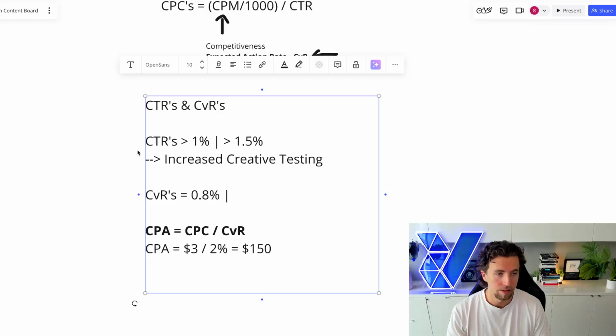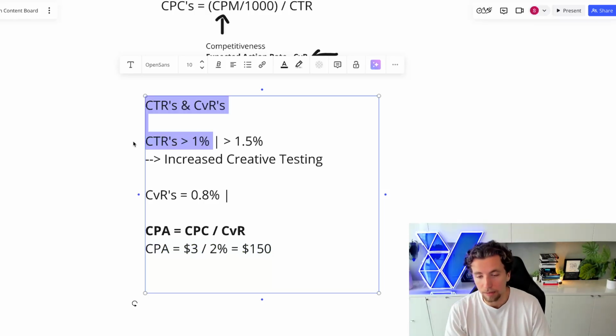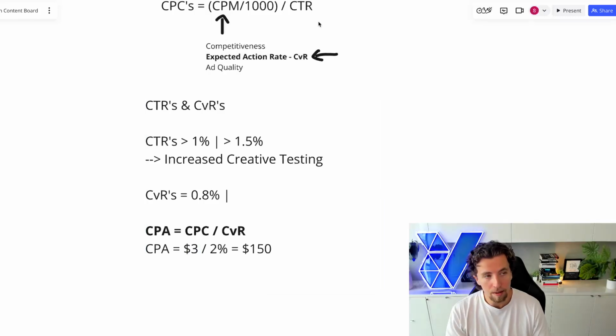Your effort, yes, should be on increasing CTRs, particularly if your CTRs are low, but there's likely a chance that this exists, and I could pull up some accounts right now that I've audited recently where this is the case, where their CTRs are actually above 1%. They're at 1.2, 1.3, 1.4%. Their CTRs are fine. Their CPCs are really high because of CPMs, and CPMs are an issue with conversion rate.